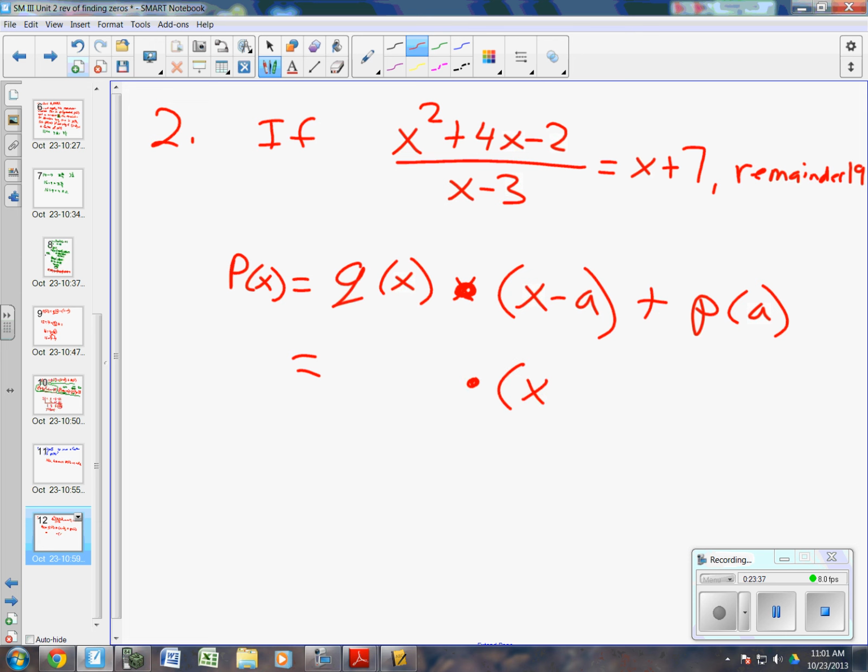Yeah, it's x minus 3, because x minus a is your divisor. I'm dividing by x minus 3. x plus 7 is the q of x, because that's what you got when you divided x squared plus 4x minus 2 by the factor x minus 3. Plus P of a is the remainder, just 19.